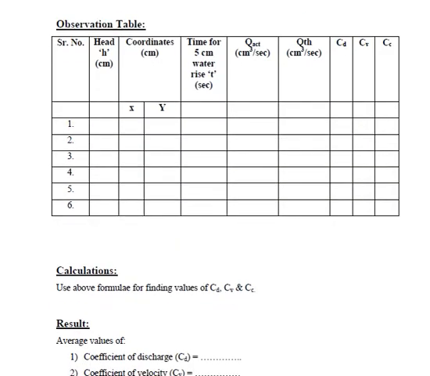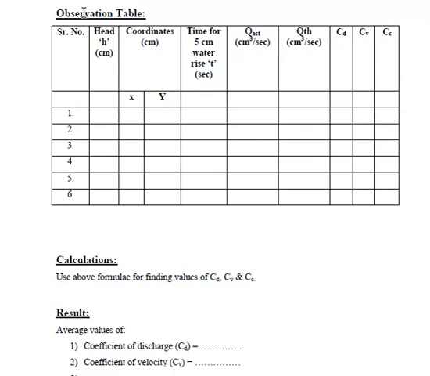Now this is the observation table. In the observation table you can get the readings for multiple heights. Here you vary this h, for example, 10, 8, 4, 3, or you can take it as 20 centimeters, 18 centimeters, 16 centimeters, 14 centimeters, 12, likewise, and you can find out the corresponding values of x, y, and measure the time for discharge, wherein you can find out the actual discharge.